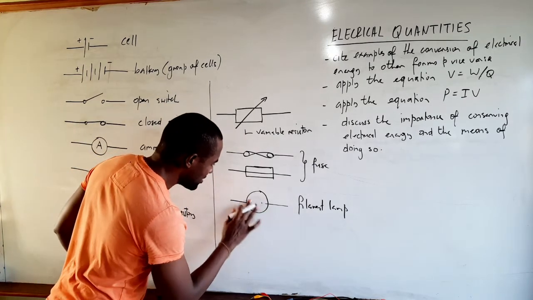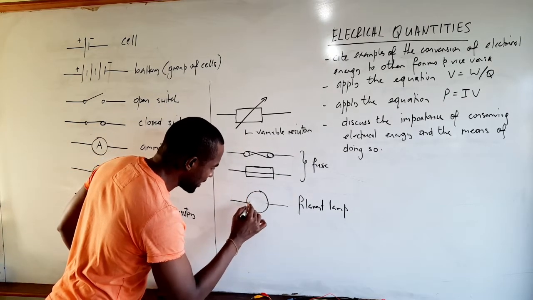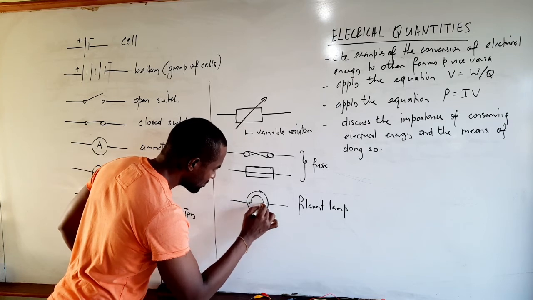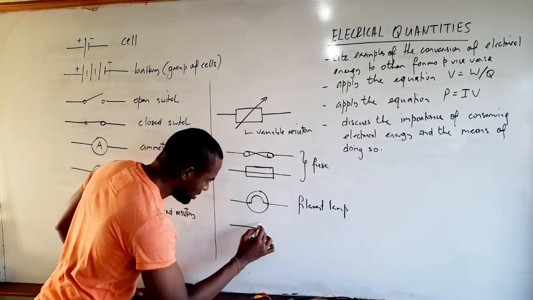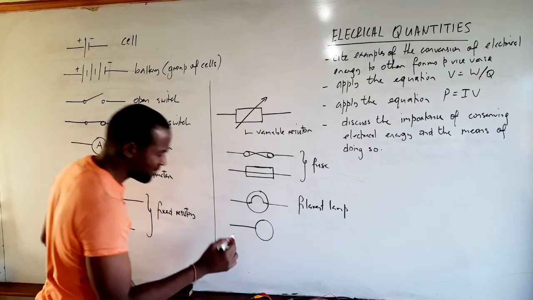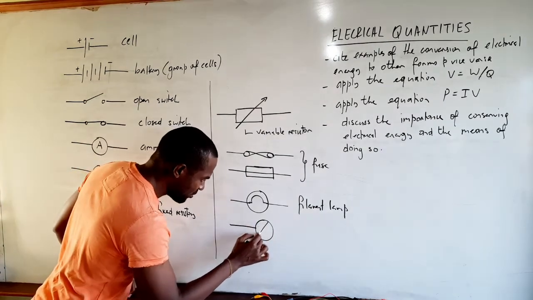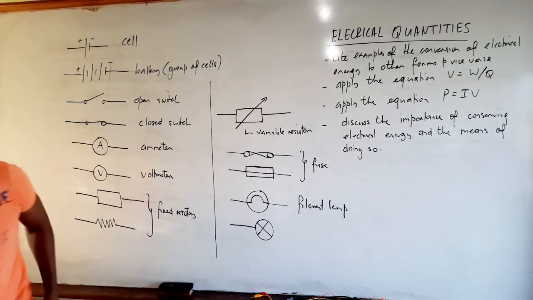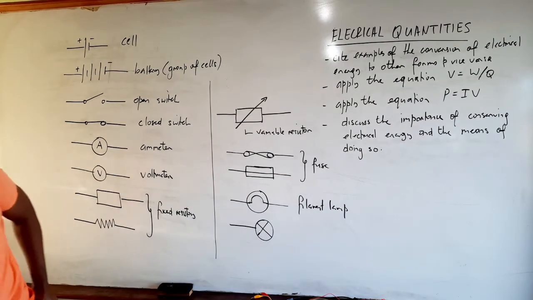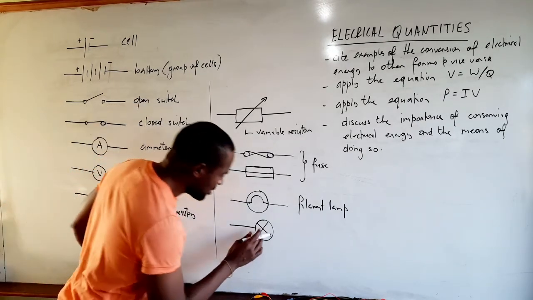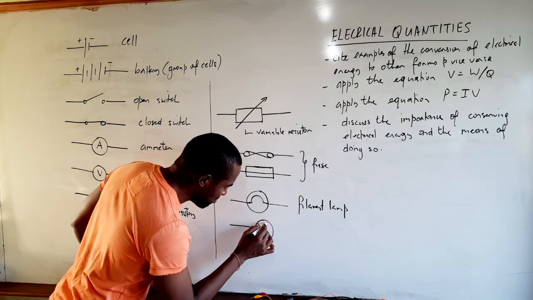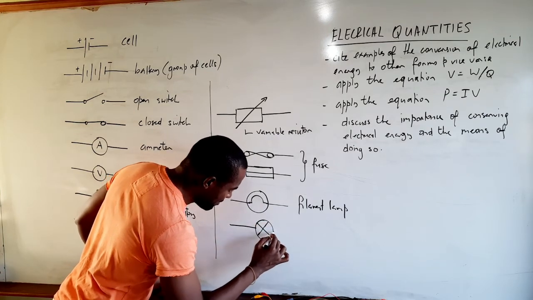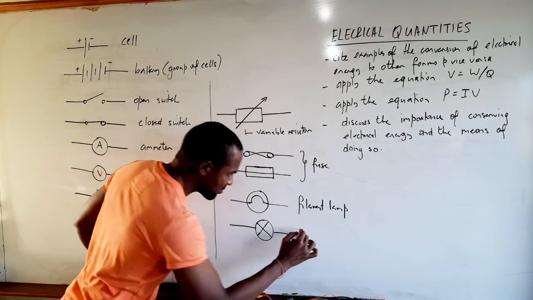In many cases, even though this represents a filament lamp, you may also see this, which represents a different kind of lamp. This is supposed to be used as an indicator or display, a signal lamp or indicator. But in some cases, some books may use them interchangeably, even though they're not exactly the same thing.